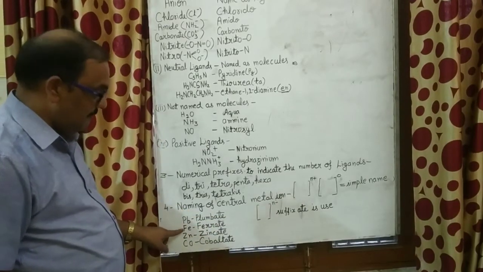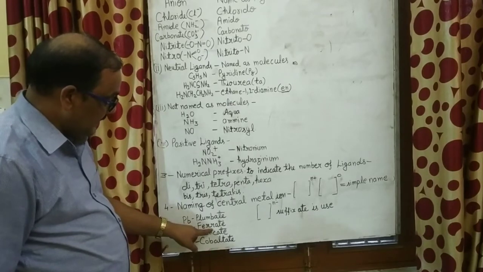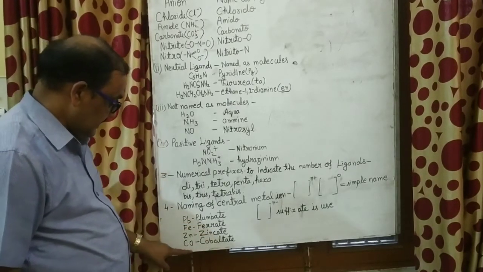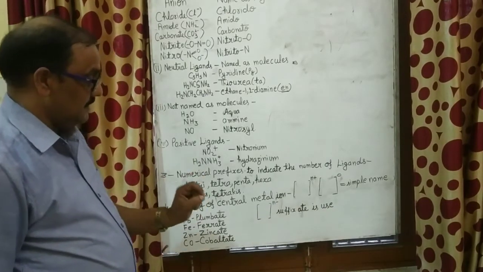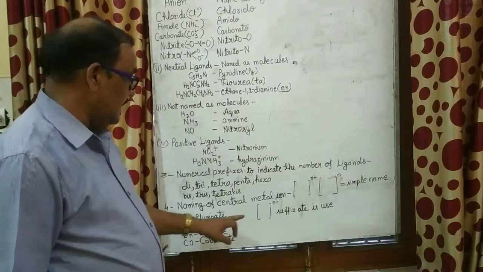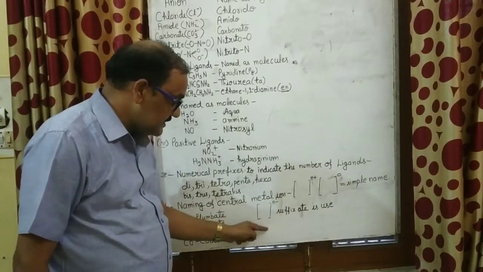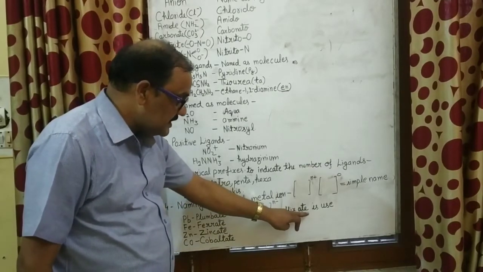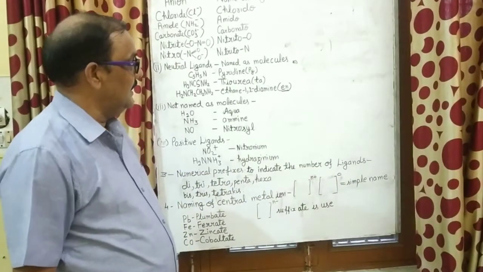Next example, Fe, ferrate; zinc, zincate; and cobalt, cobaltate. So you must take care in the naming of a complex having a negative charge. The suffix ate must be used in the name of the central metal ion.